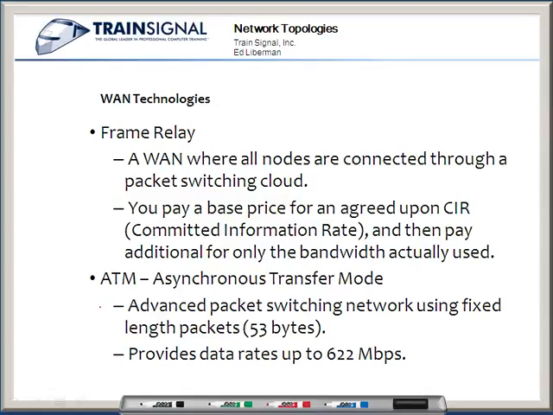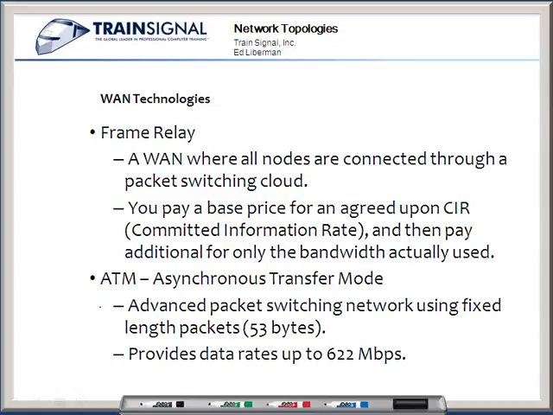Now, another one that's somewhat similar is something called ATM. No, not automatic teller machine, not where you go to get money, but asynchronous transfer mode. This is an advanced packet switching network which uses fixed length packets. They're actually 53 bytes in length. Every single packet, no matter how big the data is, is going to be divided into 53 byte packets, and it can provide data rates up to 622 megabits per second.